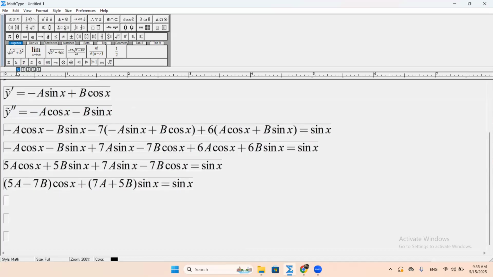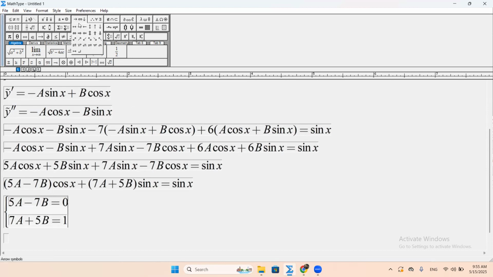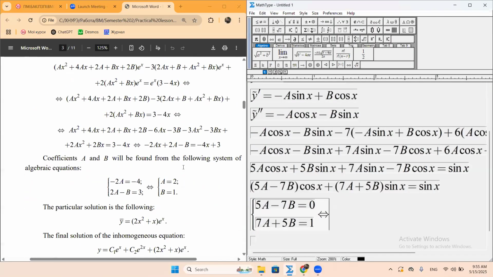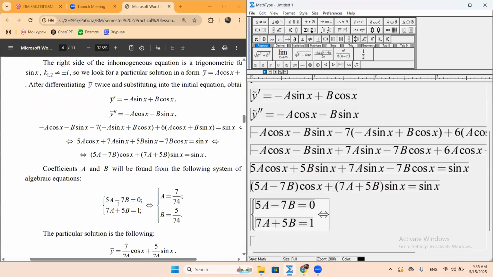Now we received the following system of linear equations: 5A minus 7B equals 0, and 7A plus 5B equals 1. I will not calculate these fractions. Verified, we received the same answer.